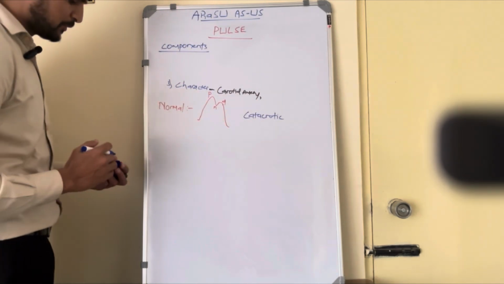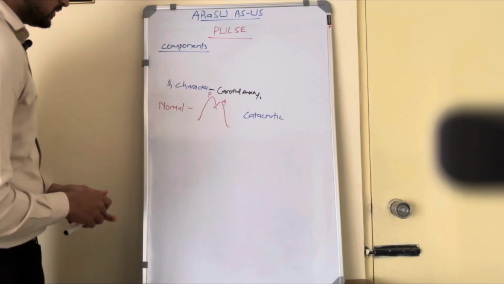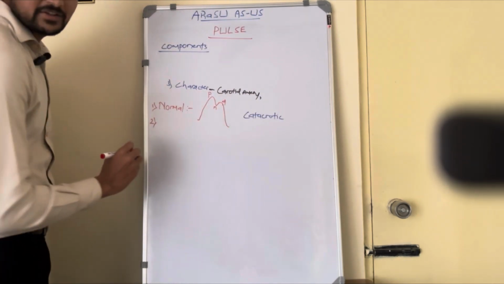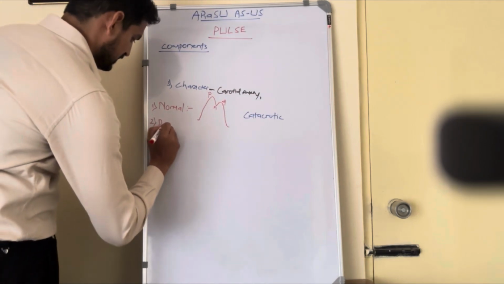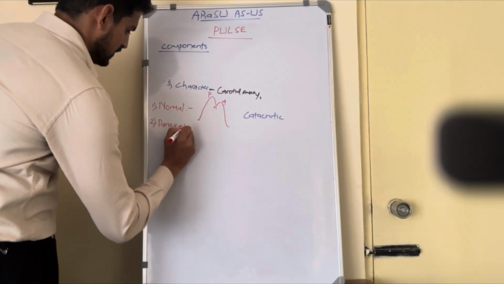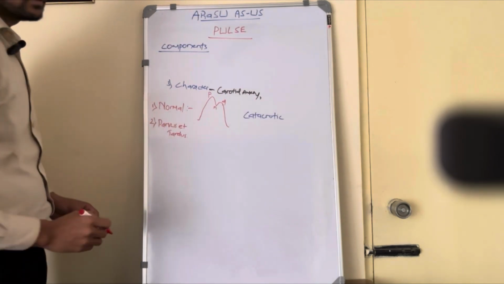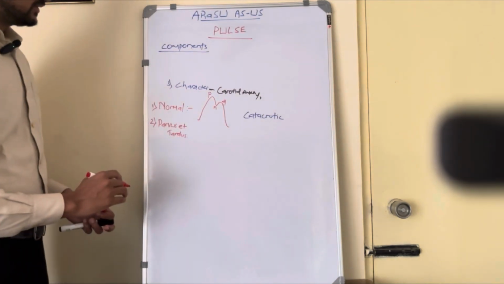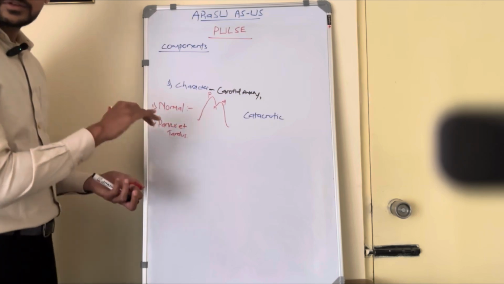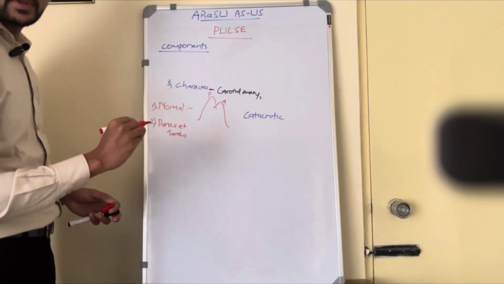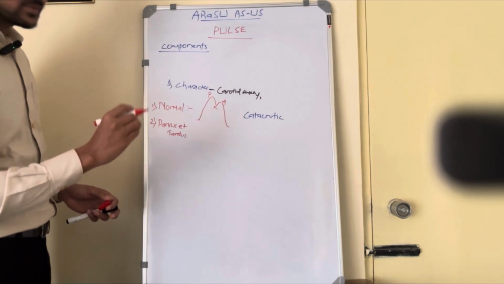Now we will deal with some abnormal pulsations. First one is pulsus parvus et tardus. To understand the meaning of this terminology, parvus is small, tardus is slow. So the pulse is small in amplitude and it is very slow.